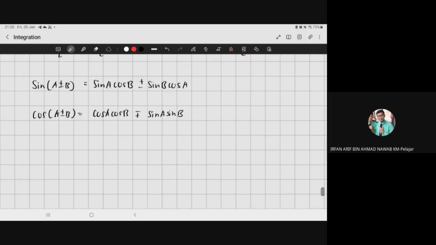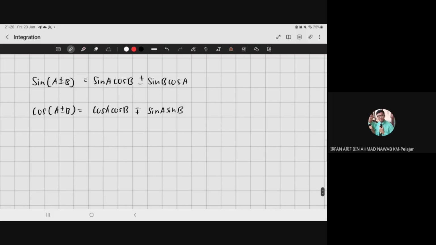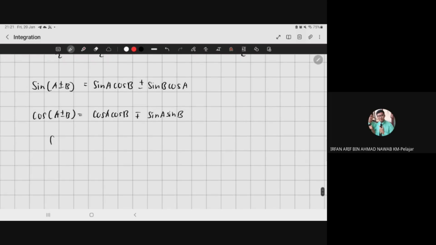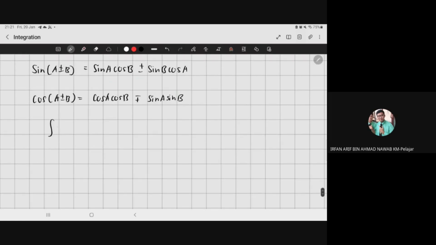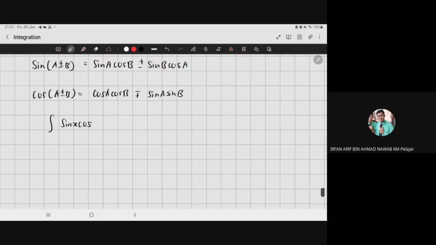These two are important when you want to integrate. So let us go through one question only, because there is nothing much here. All you have to do is refer to the formula. Let us integrate, let's say, sine x cosine 2x plus cosine x sine 2x.